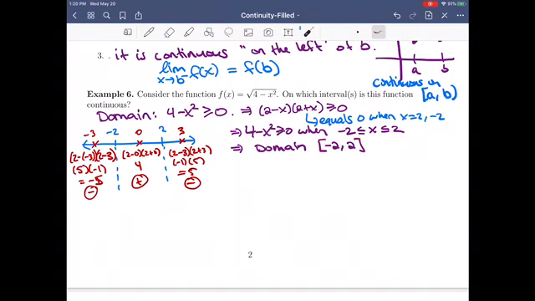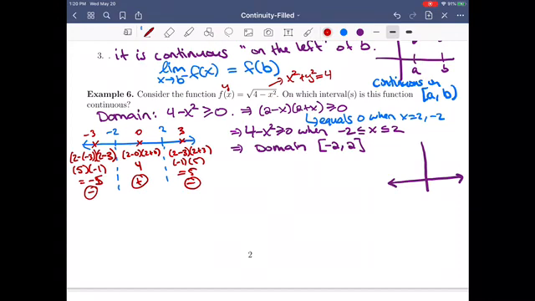Now it's useful to actually draw this graph. You should maybe have an idea of what it looks like, but you might not. It's more recognizable if I write it, so this is y. If I square both sides and then move the x over, it's x squared plus y squared equals 4.